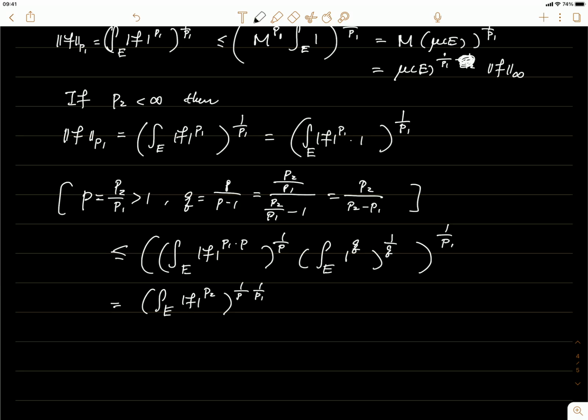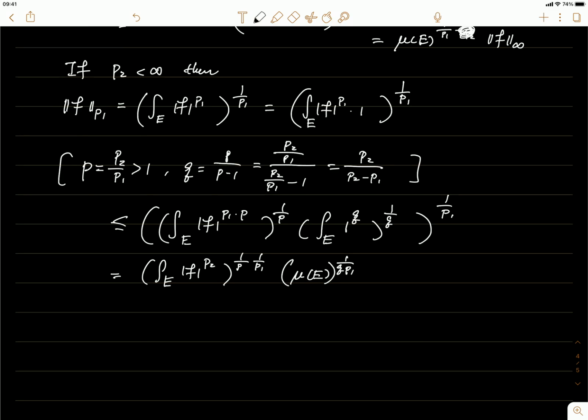And the inside, another term I have here is a 1. It's mu(E), which is the one here. And then I have a 1 over q and then 1 over p, 1 over p1, so it's 1 over q p1.